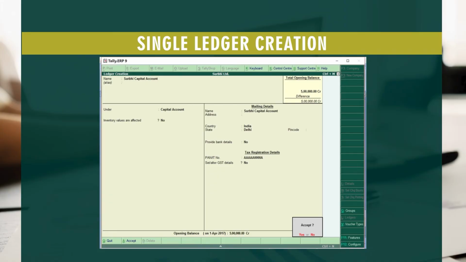This is automatically done. Now why there is a credit over here, not debit? This is dependent upon the group. You have selected capital account. In Tally, it is automatically fed that the capital account group will have credit balance. Wherever you select the group as capital account, it will have the credit balance.